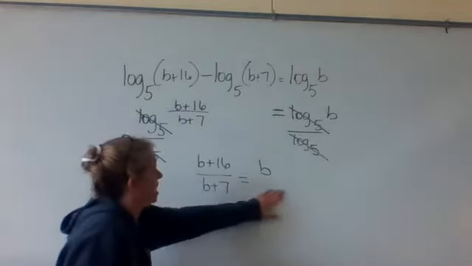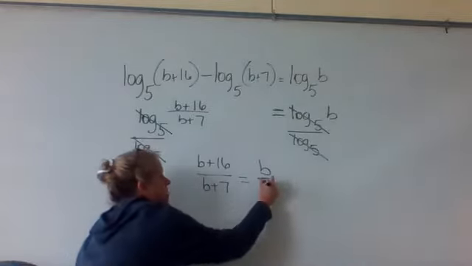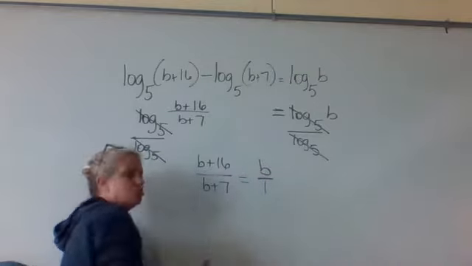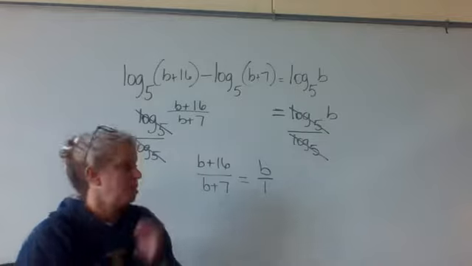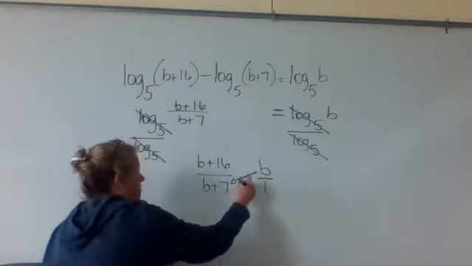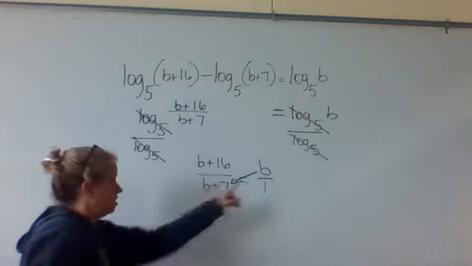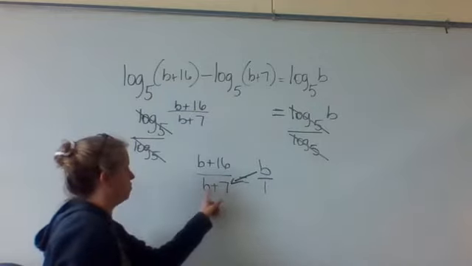Anytime you have a problem that looks like this, you can think of this b as being over 1 and then use cross multiplication to solve. So let's see, I'll go this way first. This b times both of these.